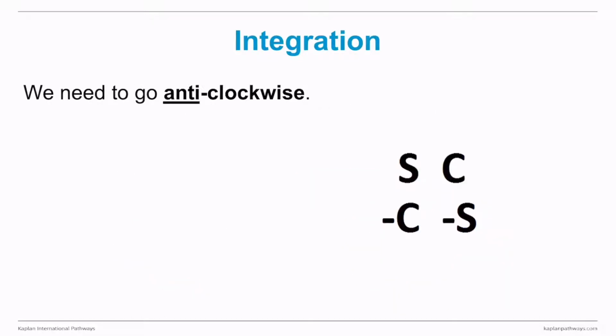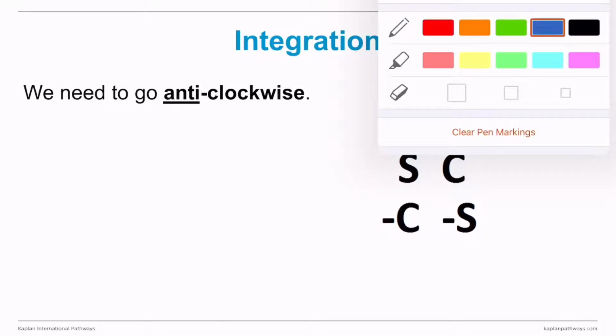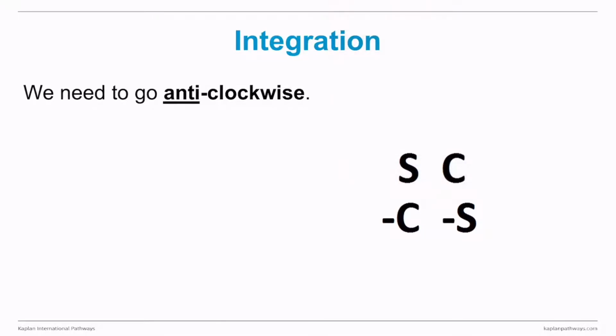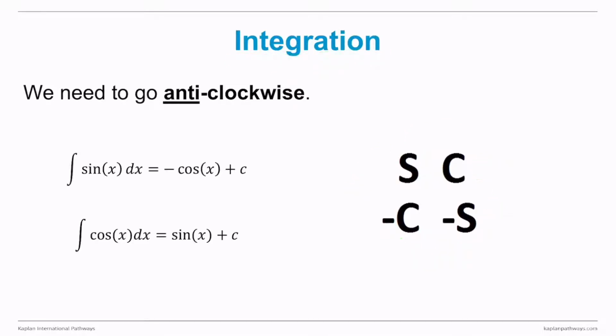If you want to remember it this way, this is for integration and you go anti-clockwise. So the integration for the sine is minus cosine, integration for minus cosine is minus sine, integration of minus sine is cosine, integration of cosine is sine. Any way of them you want to remember, that's fine.